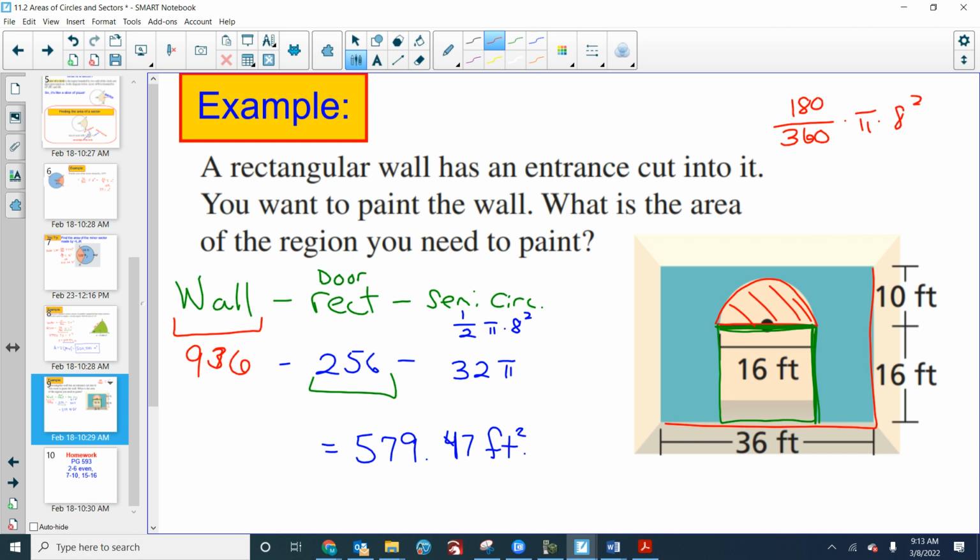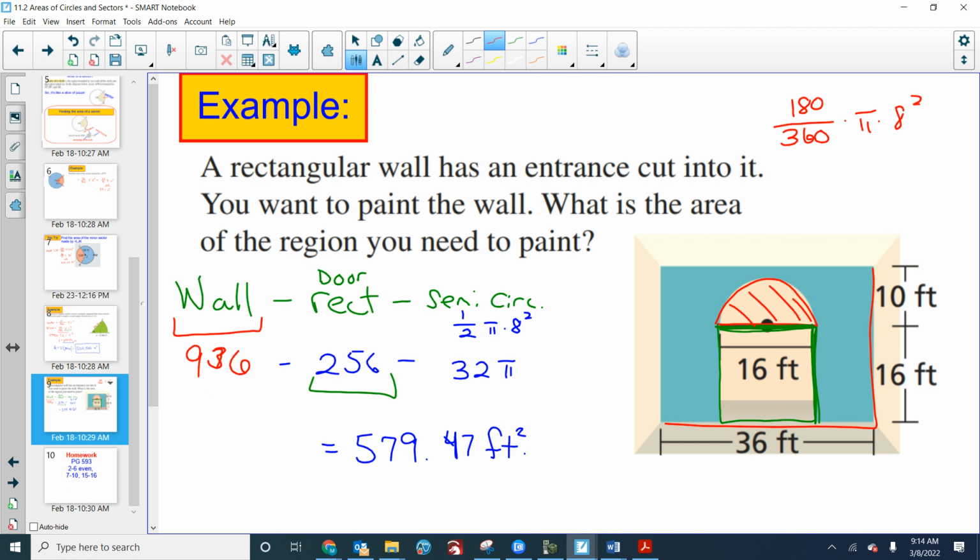All right, did anybody do 16? I'm wondering if you did 16 squared on accident. Type that in your calculator. We're going to have a decimal. 1/2 times pi times 8 squared is 32 pi, which I typed in all at once, and I got 579.47. If you got it wrong, did you see what you missed?